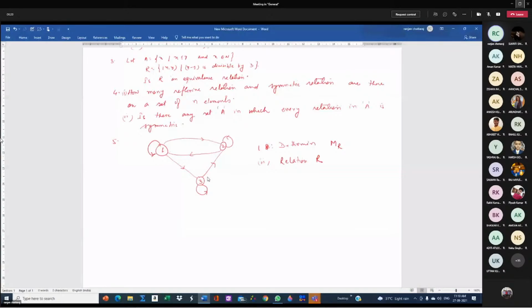If A and R be a relation defined on A, so this is the question.